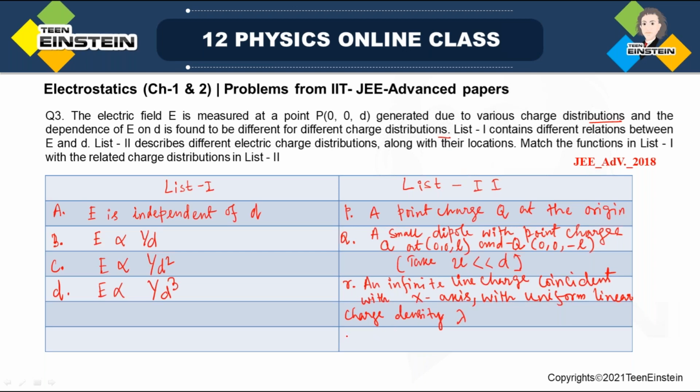I think I have to write the last option on the other page. S is also too big.